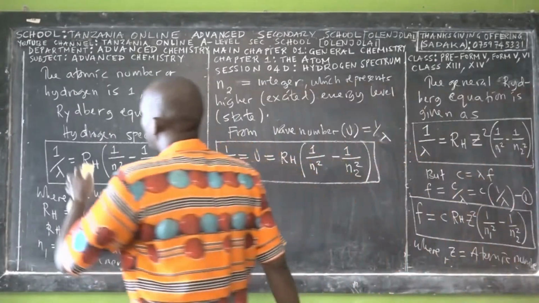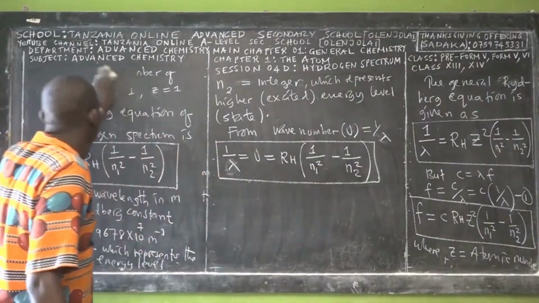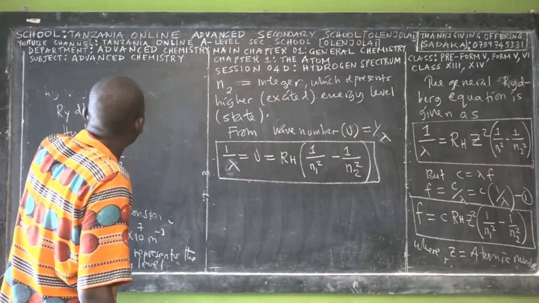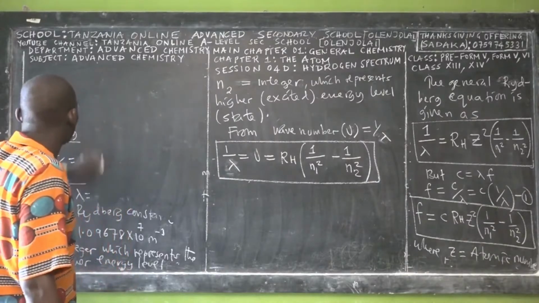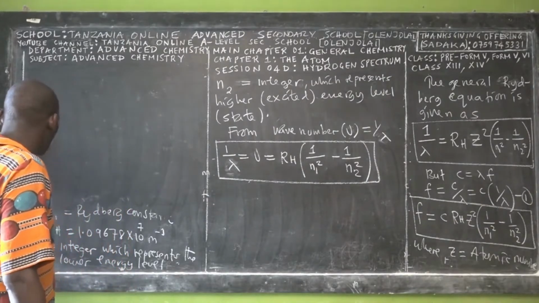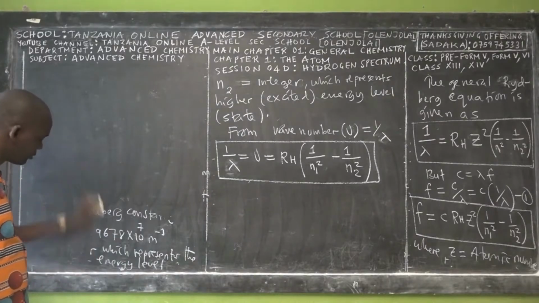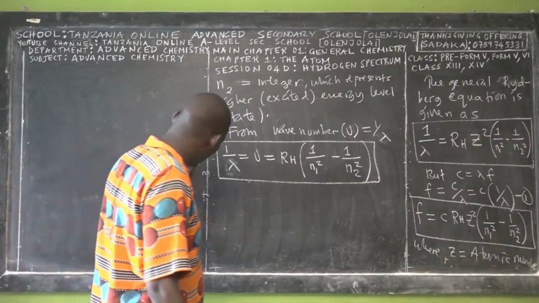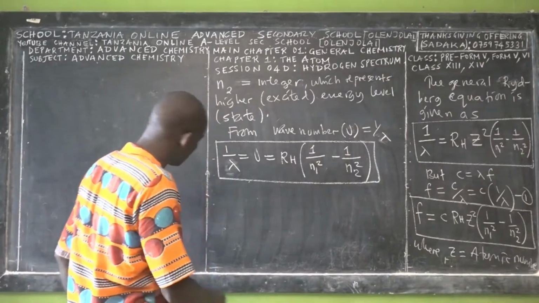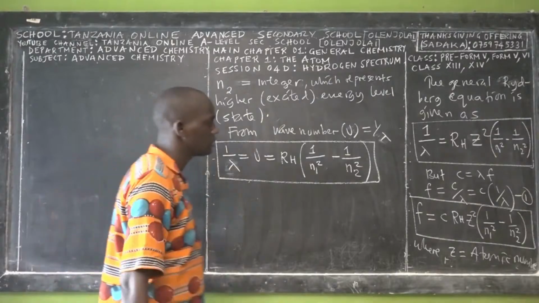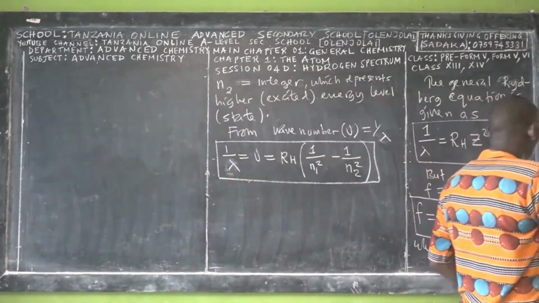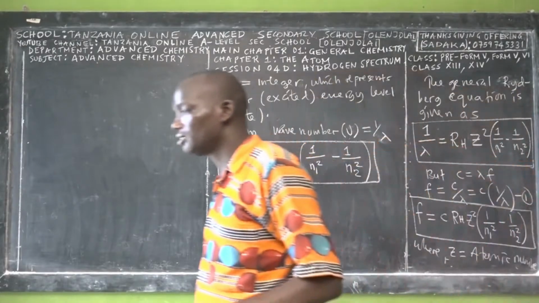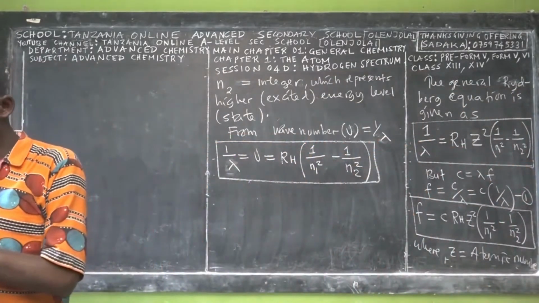The next concept I want to teach you is the picture or figure of the hydrogen spectrum itself. We have discussed that when you allow high voltage to pass through the discharge tube containing hydrogen gas at low pressure, we get the hydrogen spectrum.